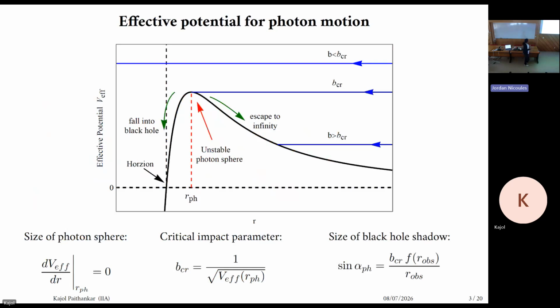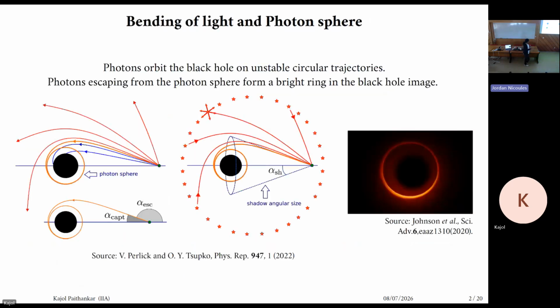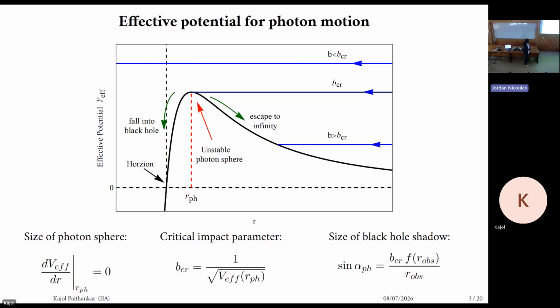If it is greater than the critical value, then it will experience a barrier, turn back at this point, and go back to an observer at infinity or far away from the black hole. This critical value separates these two kinds of trajectories. The ring that you saw in the earlier slide corresponds to all the trajectories which are close to this critical impact parameter.